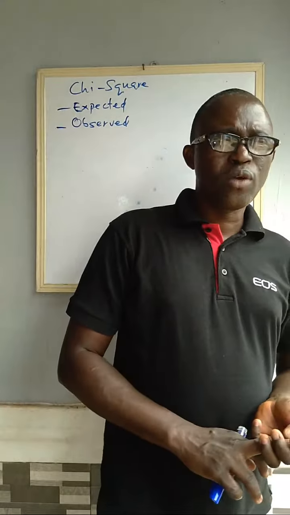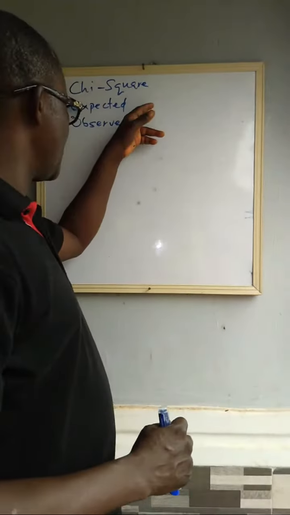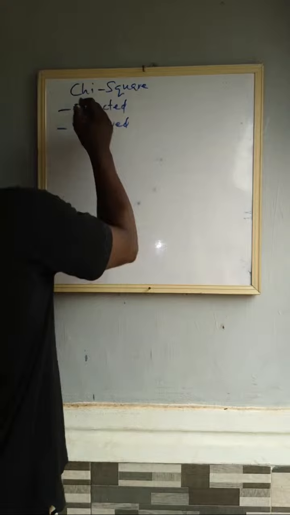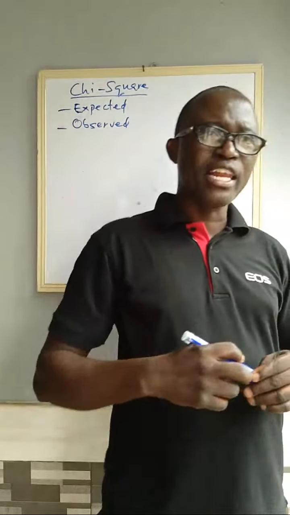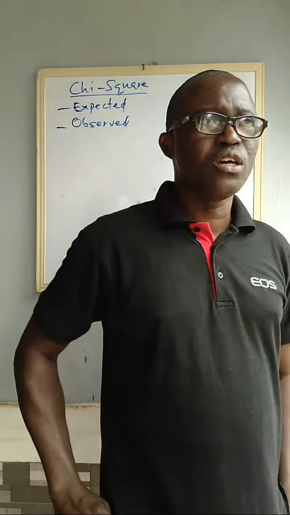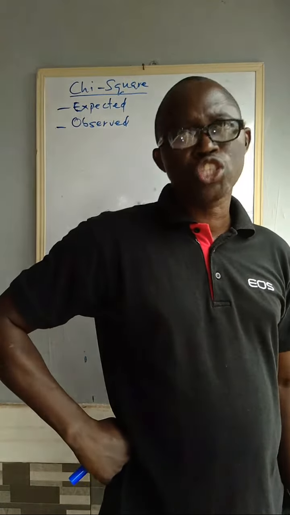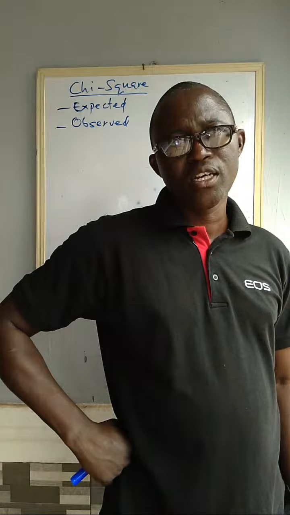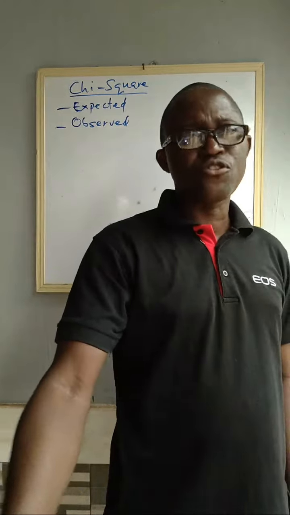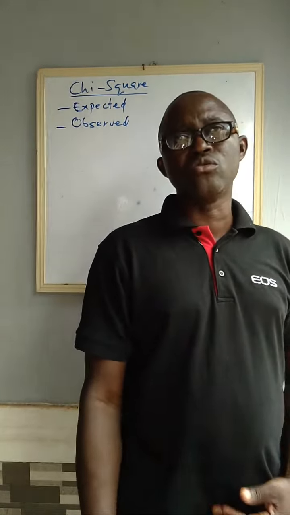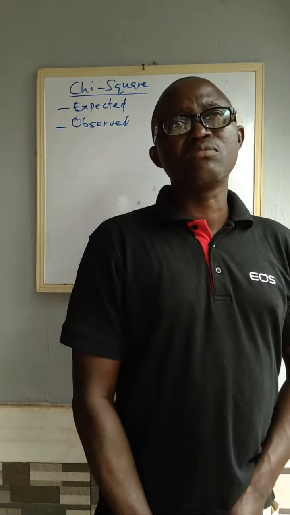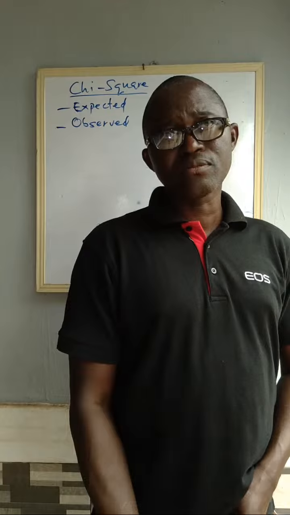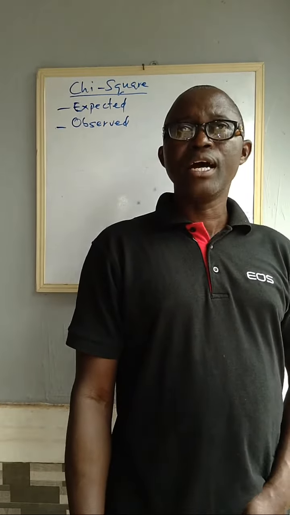Now, mark you, when we are talking about inference, when you carry out a particular inferential statistics, there are standard values developed in tables that you will use to cross-check what you have done so far. You use standard values obtained from tables to compare your own. Then you now make a conclusion based on your hypothesis. You must have formulated a hypothesis, which we usually have at least one alternative hypothesis.